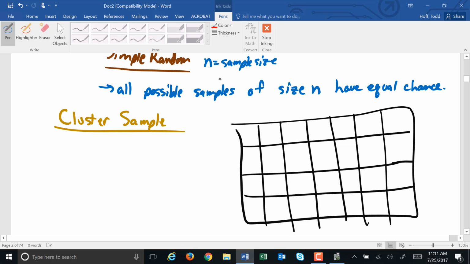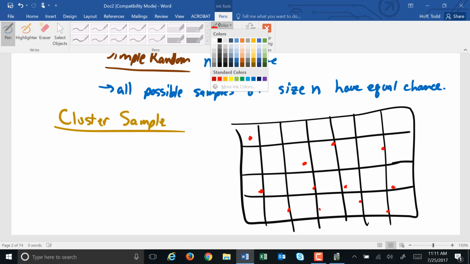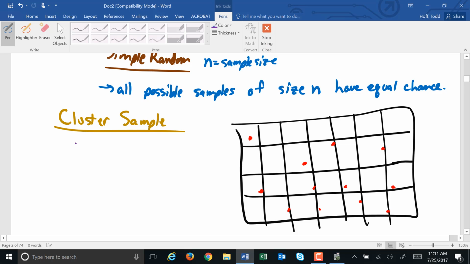Would it make sense to randomly select people? So I've got one here, one here, one here, one here, one there. Going door to door, I have to drive all over the city to get to each of those houses. That would not make much sense, would it? I'd have to do a lot of traveling around. And if somebody wasn't there, I'd have to go a few blocks away and come back and whatever. What makes more sense is a cluster sample. You divide the population into groups.